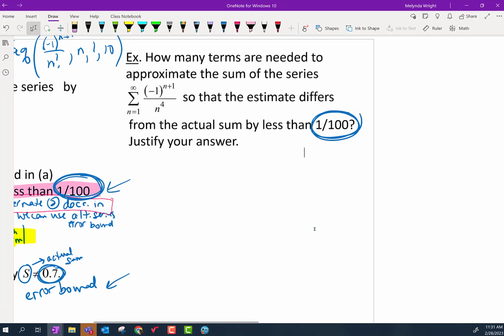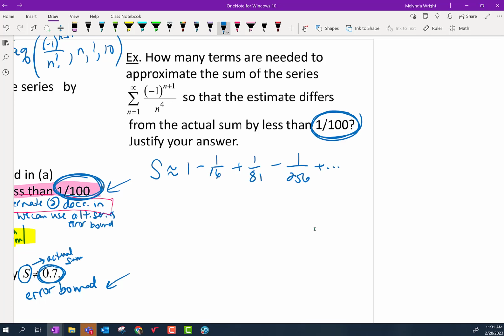Okay, so let's just start our writing. The real sum would be about the first term plus the second, which is actually minus, plus the third, and then minus the fourth, plus dot, dot, dot.